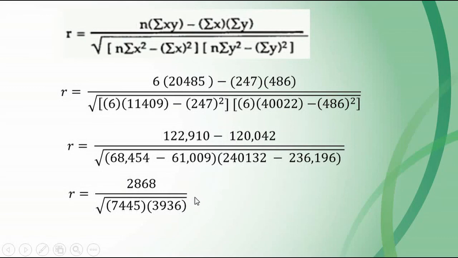So r is equal to 2,868 over the square root of 7,445 times 3,936.